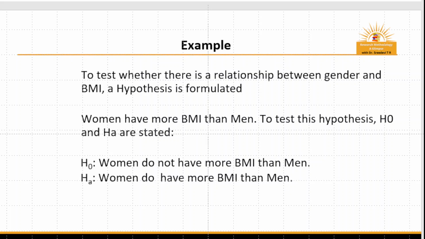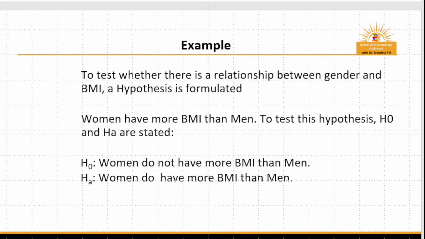The same way, 400 women, total population 1000, sample size required is 200, 400 divided by 1000 into 200, that is 80. So 120 men and 80 women are required for our study to make it 200. Thus we make an equal proportion of men and women.